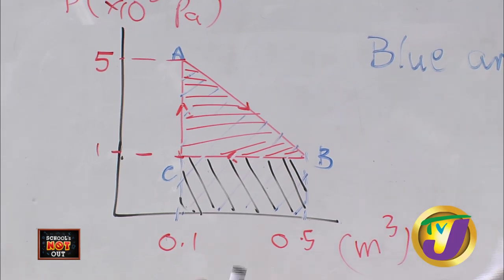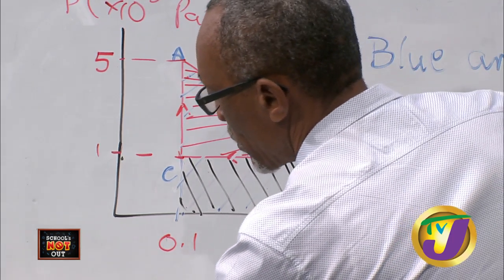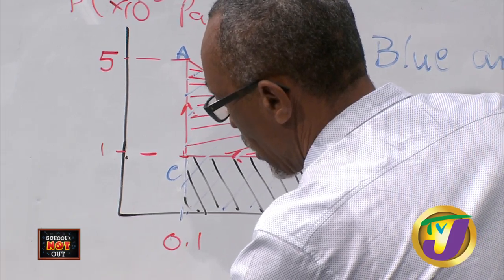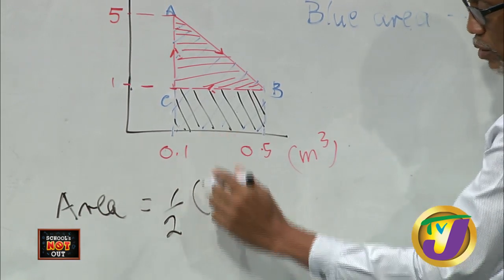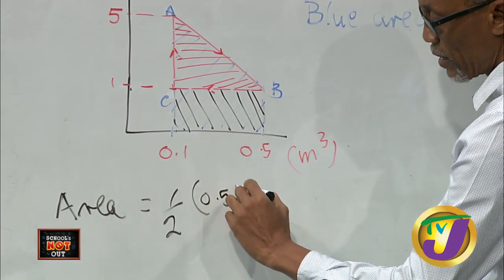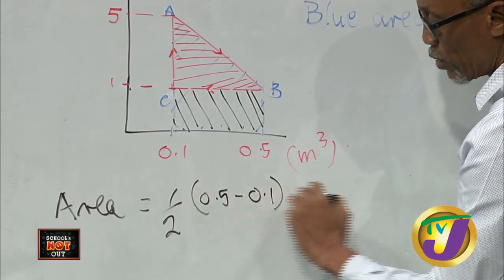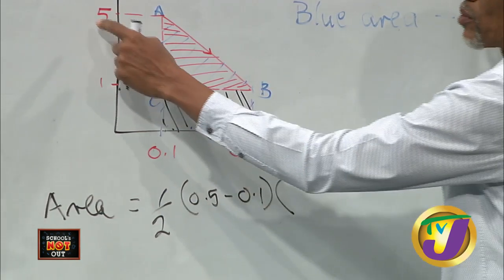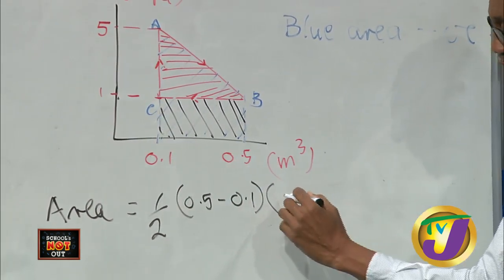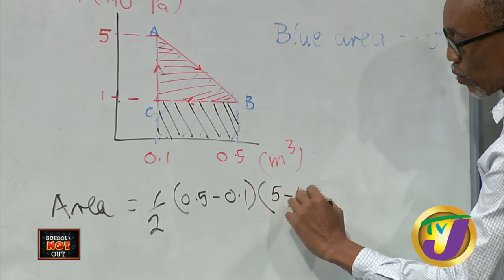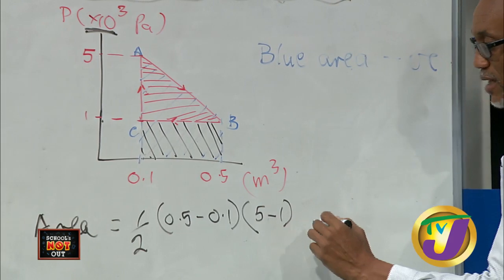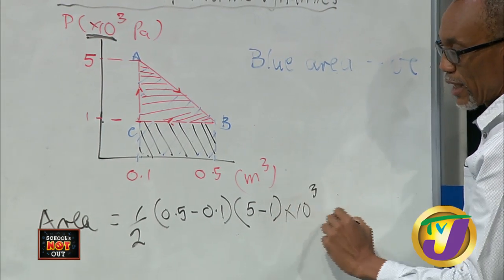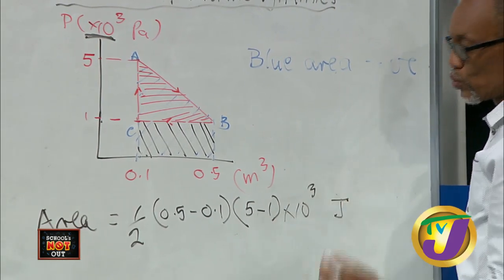So the area is equal to half times the base, which would be 0.5 minus 0.1, times the height, which would be 5 units minus 1 unit, but this unit here is multiplied by 10 cubed, and this would be in joules.